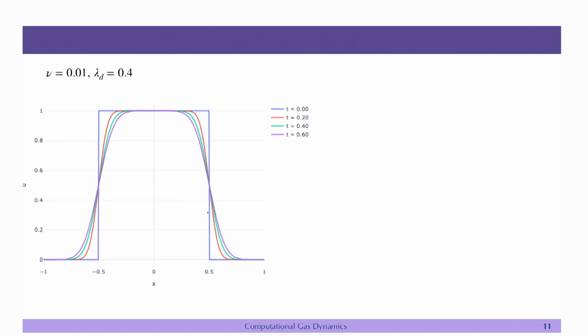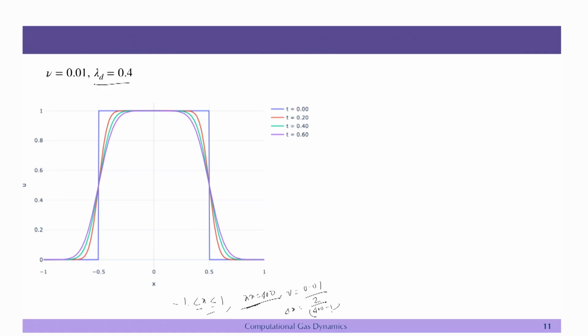So, here I have taken lambda equal to 0.4, again the same problem like we had, from -1 to 1, and n x equal to 400 that we had discussed earlier, and the nu I have taken is a new parameter here, which is 0.01. Then what is the delta t? The n x will give you the delta x, right. Delta x will be basically the distance, 2, divided by n x minus 1, that is 399, that will give you delta x.